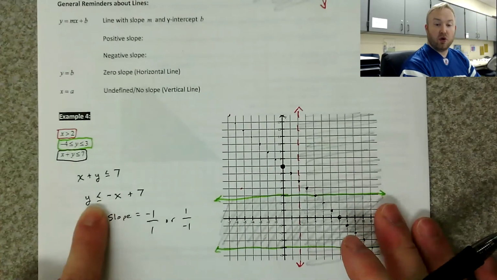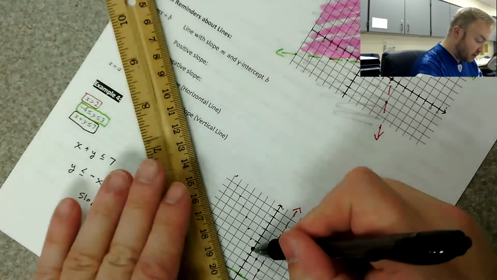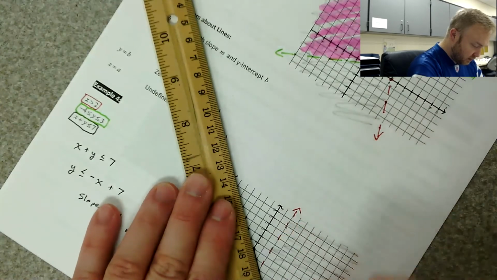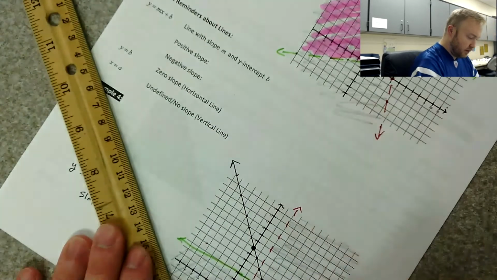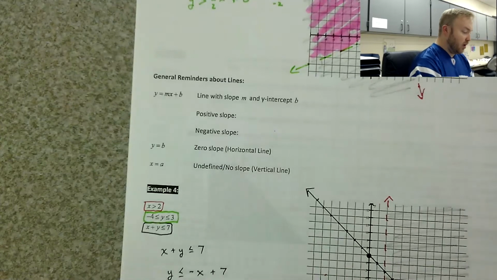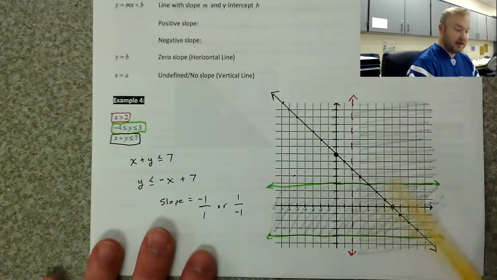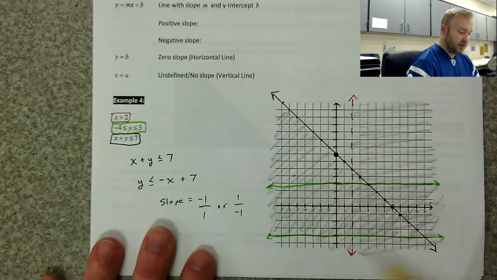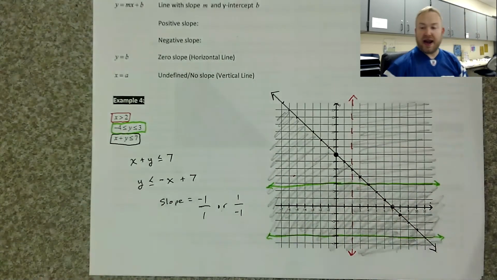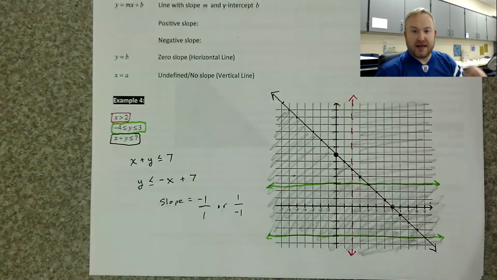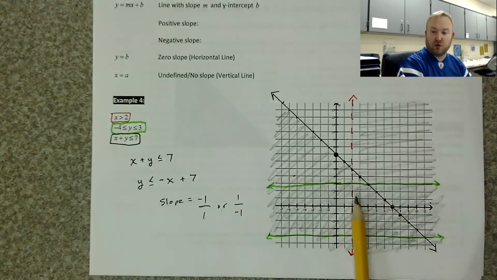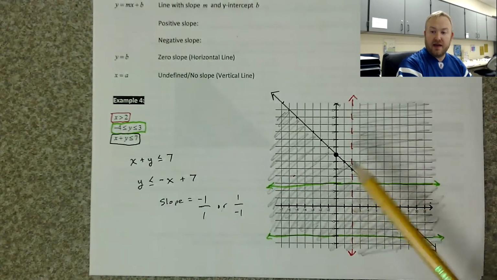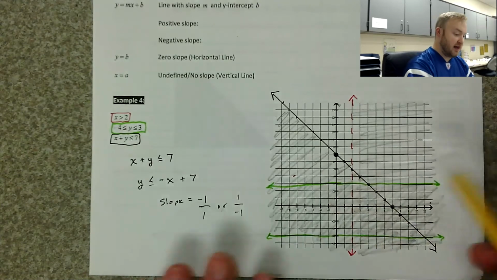There is an or equal to on this, so I'm going to go ahead and make this a solid line. There we go. The inequality says less than, so I'm going to lightly shade below my black line here. Now I want you to pay attention to what area has been shaded all 3 times. The area that is to the right of the red line, in between the green lines, and below the black line.